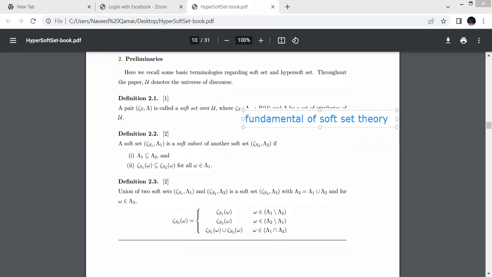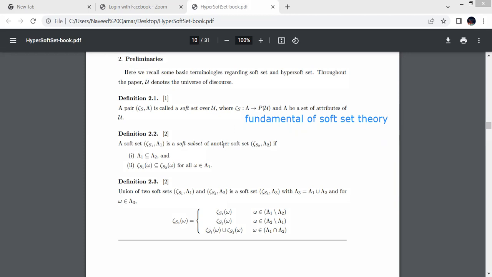Here you can see the definitions, for example the definition of subset, but it is written in some complex notations. So in this paper you can see the complete definition of subset with the help of basic and very easy examples, with properties and fundamental operations. Here is the definition of soft subset.